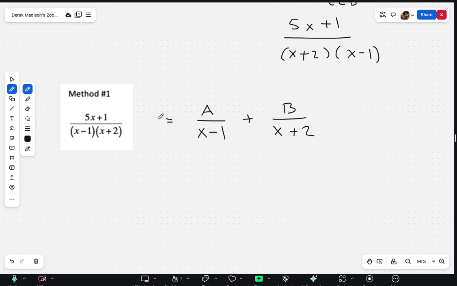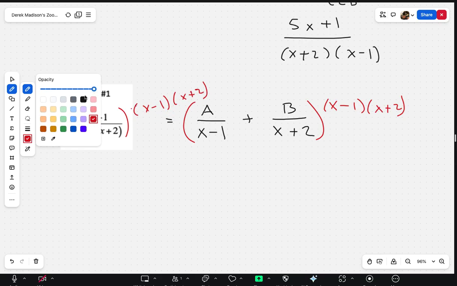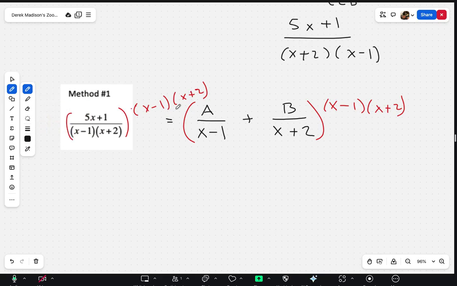So now I have this equals these two fractions, and we're going to clear the fractions by multiplying both sides by the common denominator. On the left-hand side, this all cancels, and I'm just left with 5x plus 1.